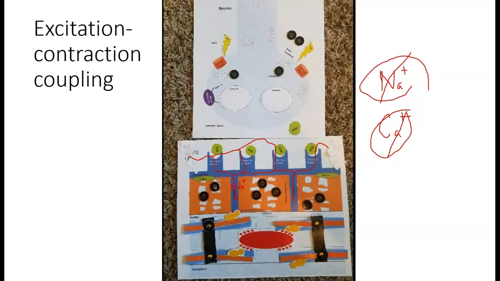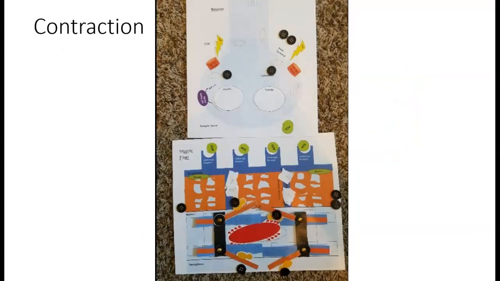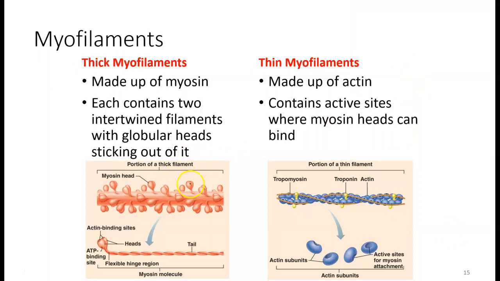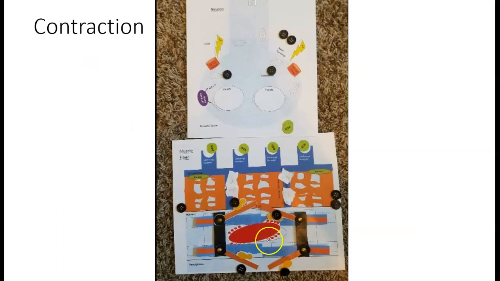The calcium is actually going to go ahead and leave and dock to these little things. There are going to be these things called troponin and tropomyosin, and let's talk about them really quickly before we move on. My thick filament is going to be this red area, and my thin filament is going to be this orangey area.